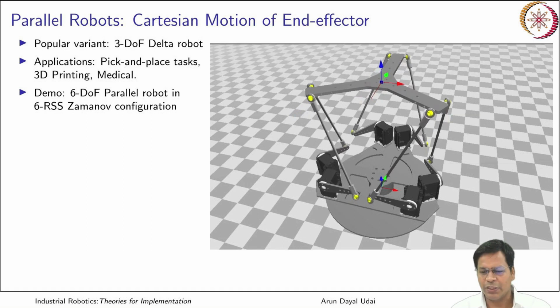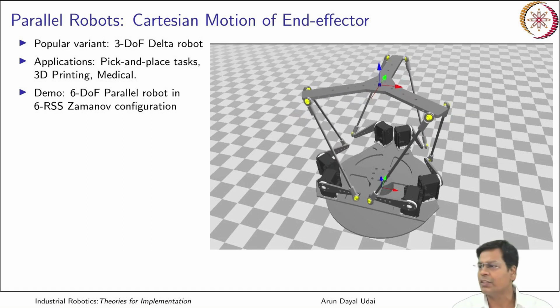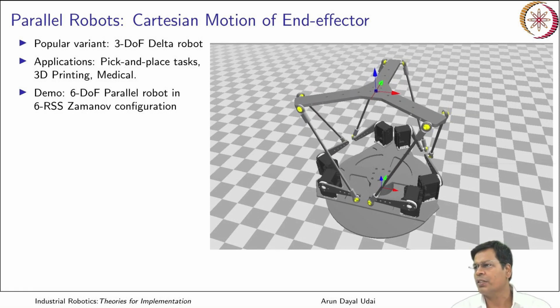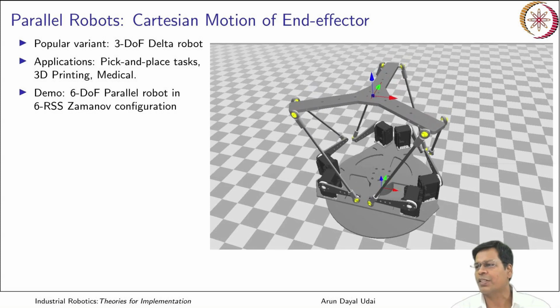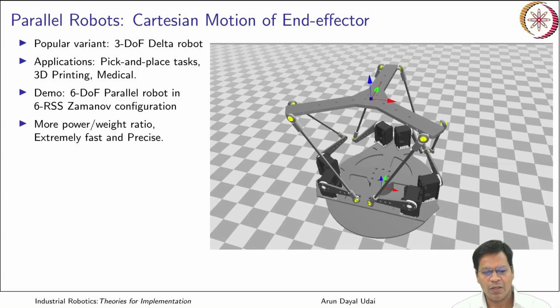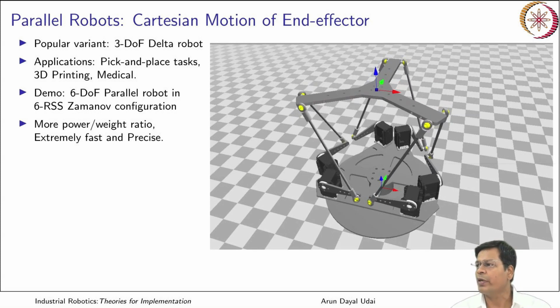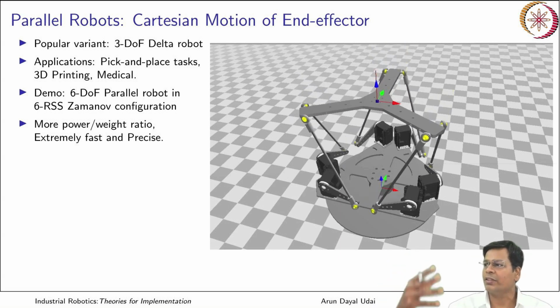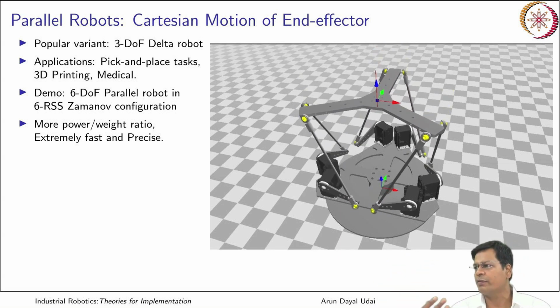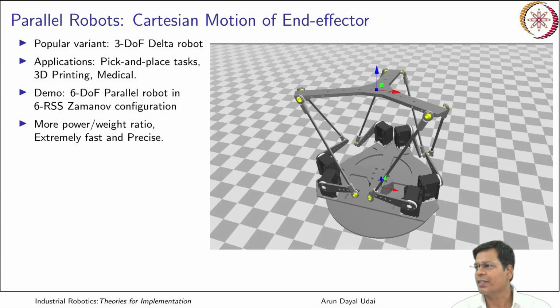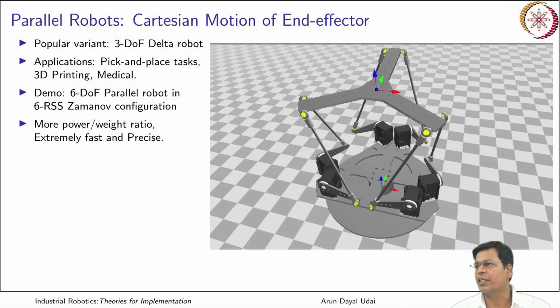The configuration shown here is a 6 degrees of freedom parallel robot in the 6 RSS Jamanov configuration. In these robots, all 6 actuators move simultaneously. No actuators are mounted on the links, so your links can be very light, which makes the whole structure very light.